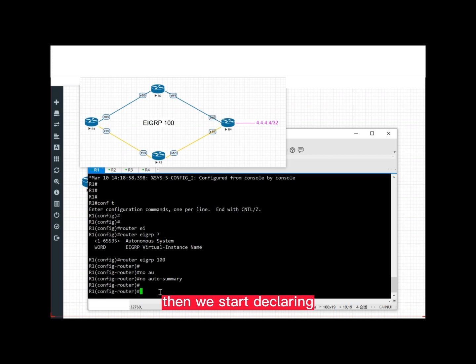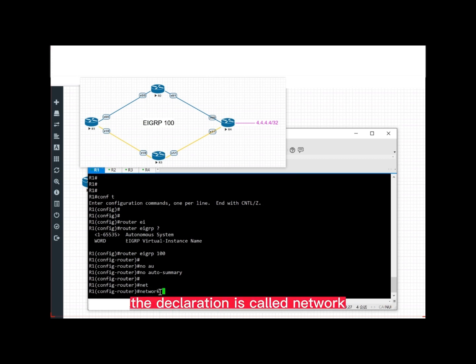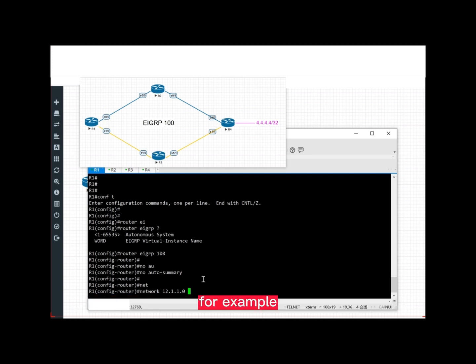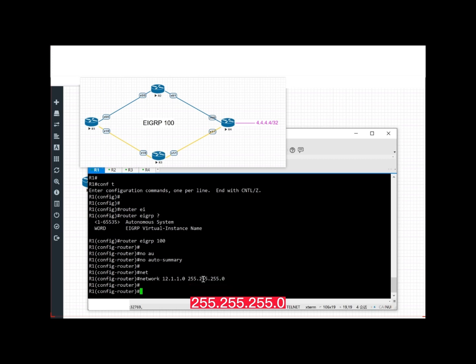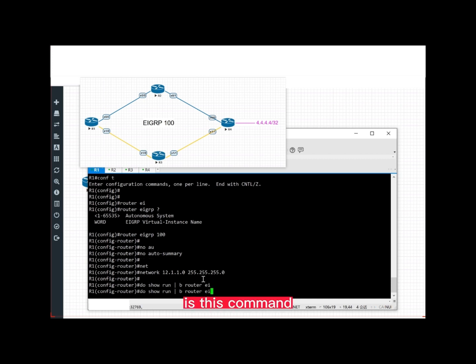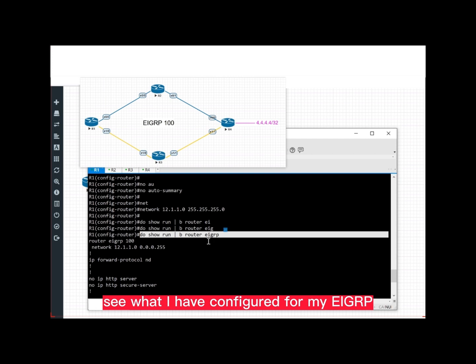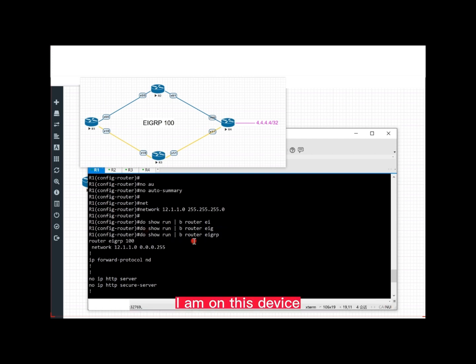Then we start declaring. The declaration is called network. We enter 12.1.1.0 here, first with a positive mask, for example 255.255.255.0. After the announcement, let's check. Do show run and check router EIGRP. Look, see what I have configured for my EIGRP on this device.